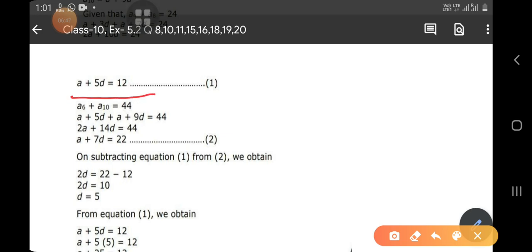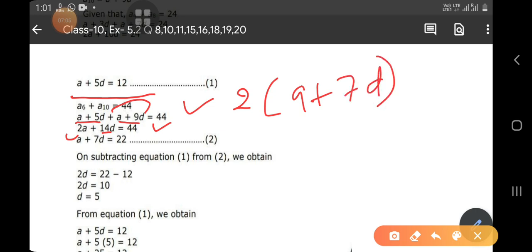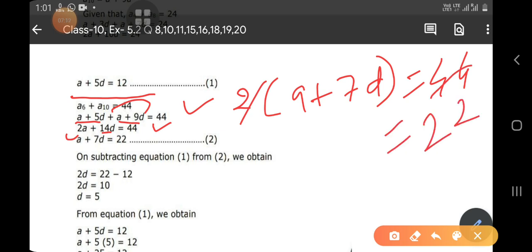So a6 is equal to a plus 5d, and a10 is equal to a plus 9d, that is 44. A plus a, that is 2a, 5d plus 9d, that is 14d, is equal to 44. So again similarly, take 2 as a common, then you get a plus 7d is equal to 44 divided by 2, that is 22. So a plus 7d is equal to 22, that is written here.